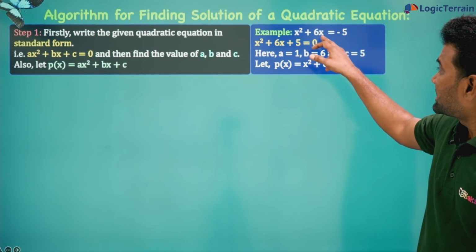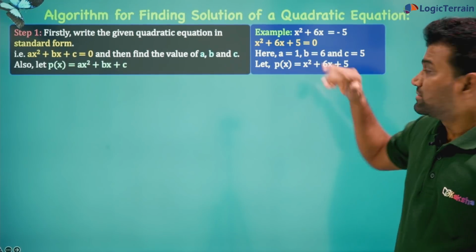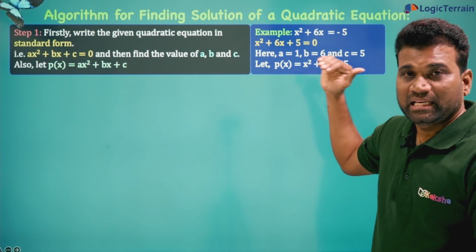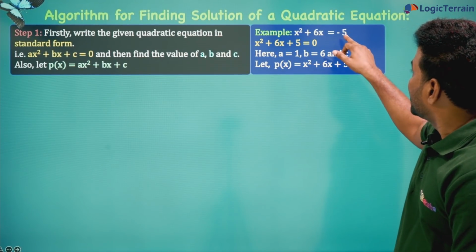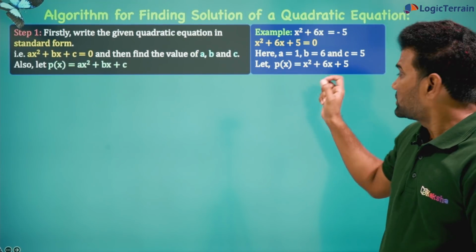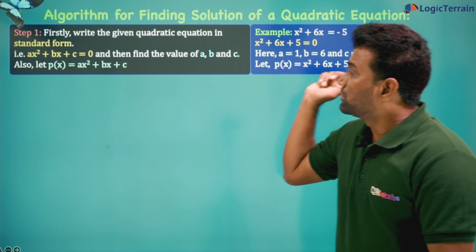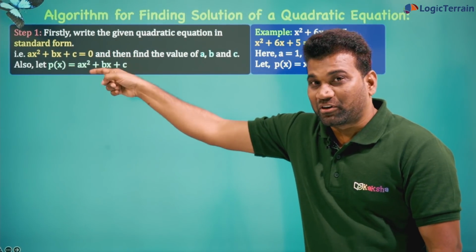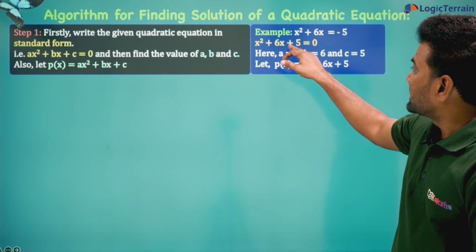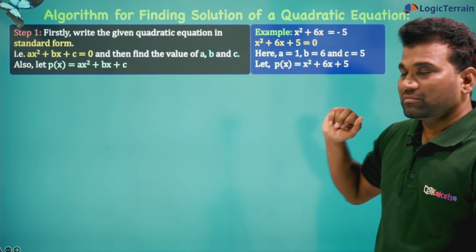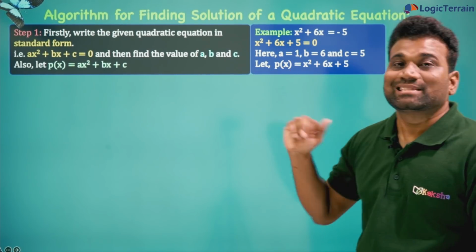x square plus 6x is equal to negative 5. This is the given quadratic equation. So here negative 5 is on the right side. On shifting this negative 5 to the left hand side to make it in standard form, x square plus 6x plus 5 is equal to 0. We know on shifting, signs will change.